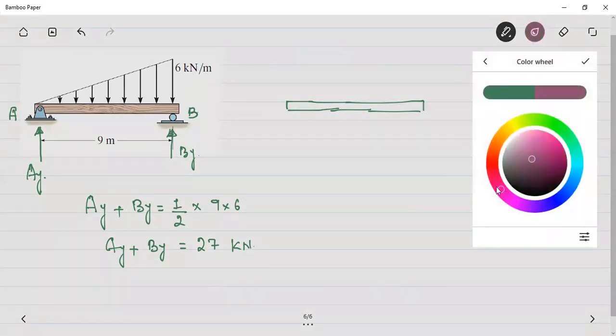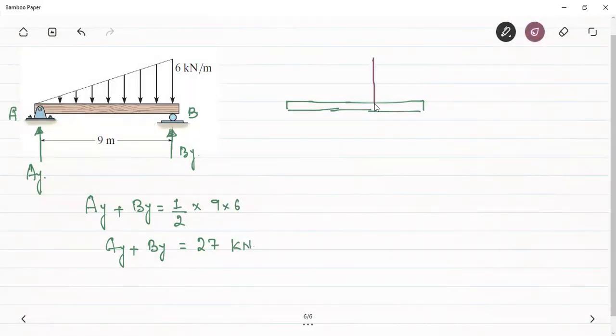Now this load we have seen is having a magnitude of 27 kilonewton, and this acts at the centroid of the loading diagram. Therefore, since this is equal to 9 meters, this distance will be equal to 3 meters, and this distance will be equal to 6 meters.